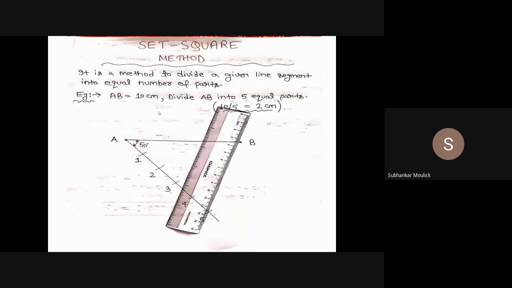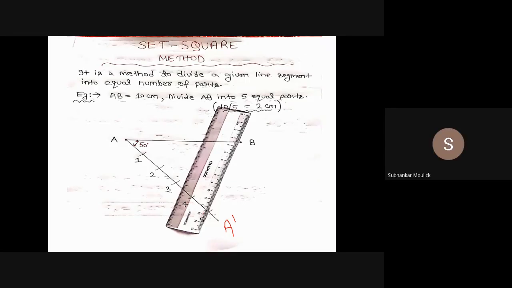See, I have cut 5 equal arcs on this inclined line A dash: 1, 2, 3, 4, 5. The distance between A and 1 is the same as the distance between 1 and 2, 2 and 3 is the same as 3 and 4, and 3, 4 is the same as 4, 5. Clear? Any doubt so far?